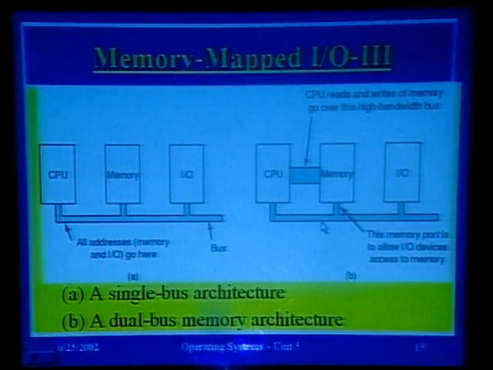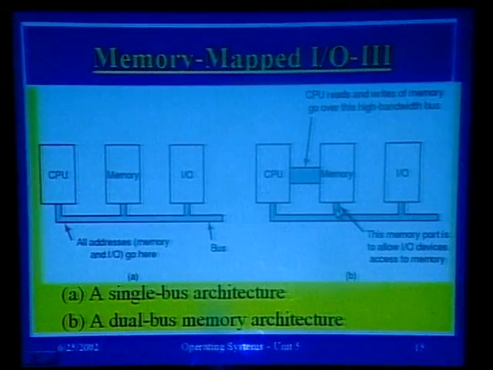Whereas here in this second diagram, we see a direct connection between CPU and memory, and here the CPU reads and writes the memory over a high bandwidth bus, and I/O devices communicate with the memory through this point here.